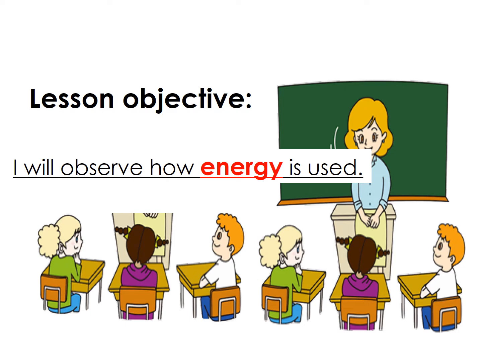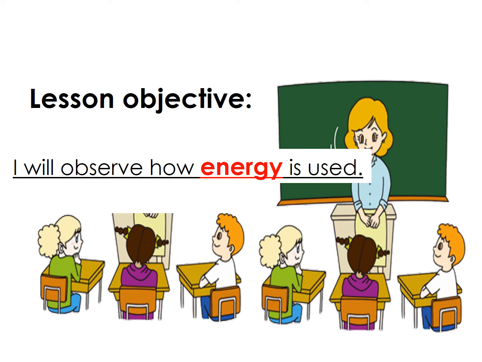So I mentioned yesterday that we use our 5 senses when we observe. So what are our 5 senses? We have our sense of hearing, sense of sight, sense of smell, sense of taste, and our sense of touch.